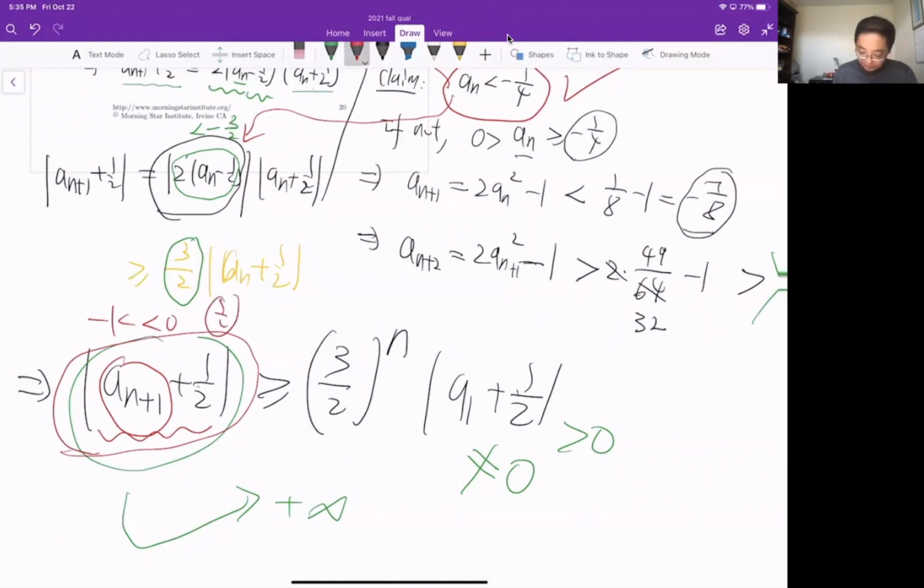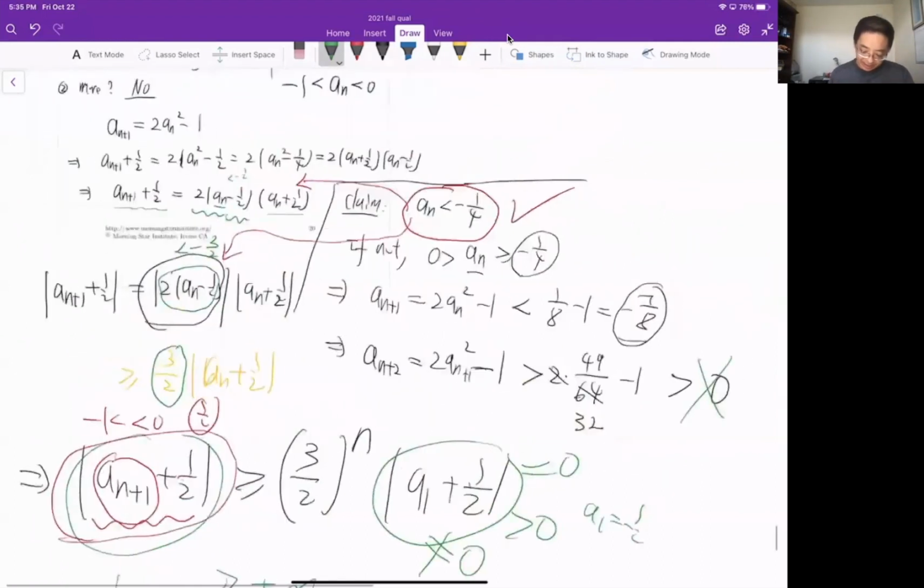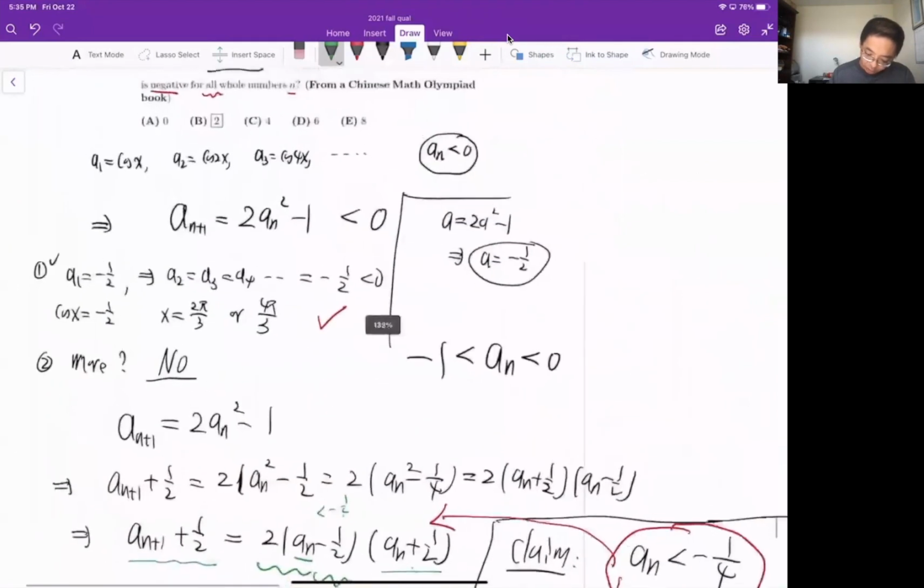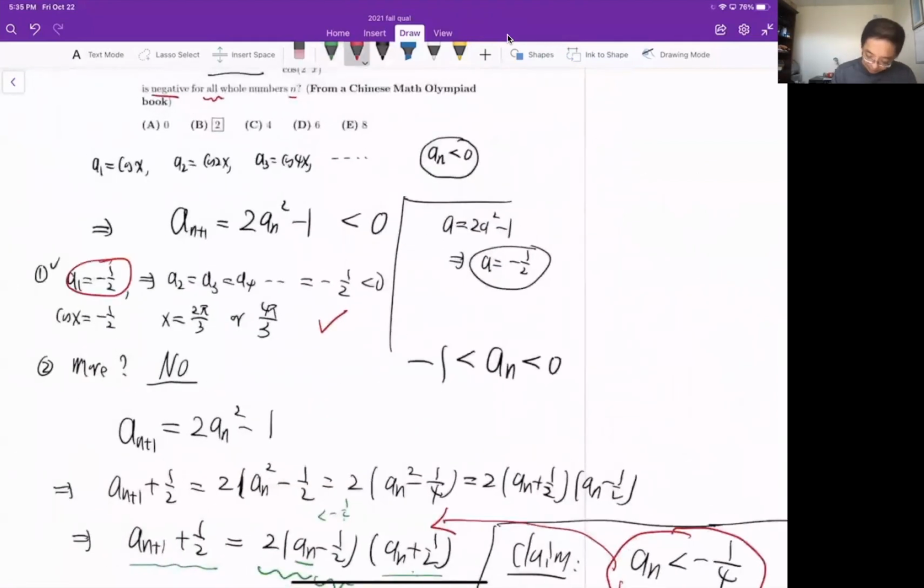So it cannot go to infinity. Therefore, the starting point has to be such that this is 0. Otherwise, it just shoots out of the roof. So a_1 has to be negative 1/2. Then we know this is a fixed point, and everything has to stay as negative 1/2. So the conclusion is you have to start from negative 1/2, and then everything is negative 1/2.